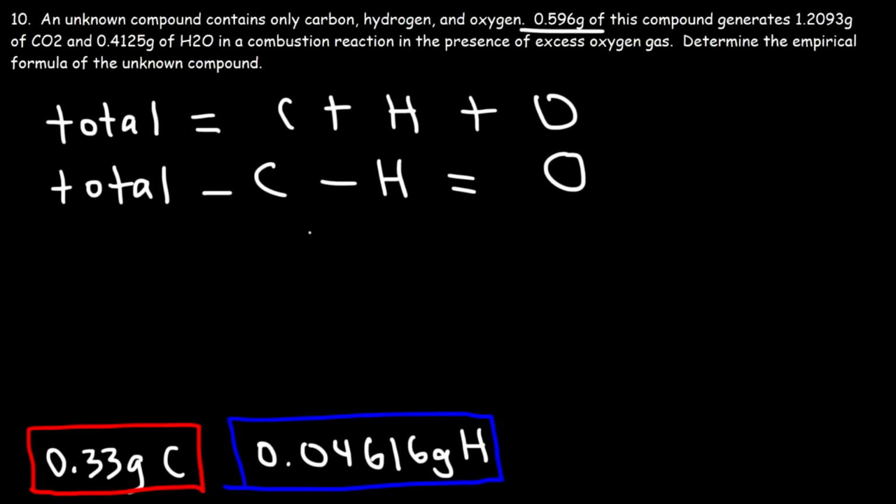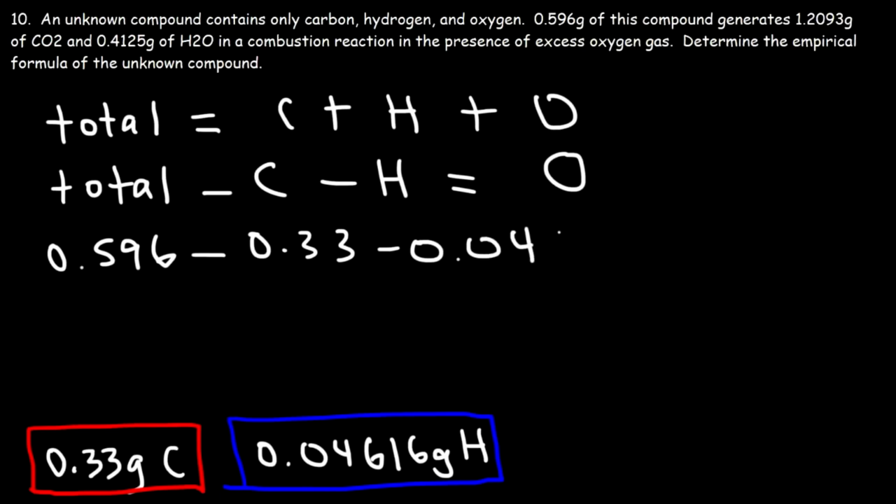The total mass of the compound is 0.596 grams, and the mass of carbon is 0.33, and the mass of hydrogen is 0.04616. So therefore, the mass of oxygen is going to be 0.21984 grams.